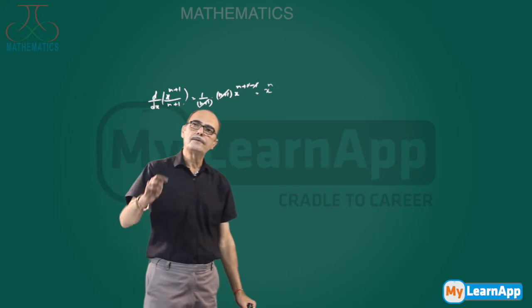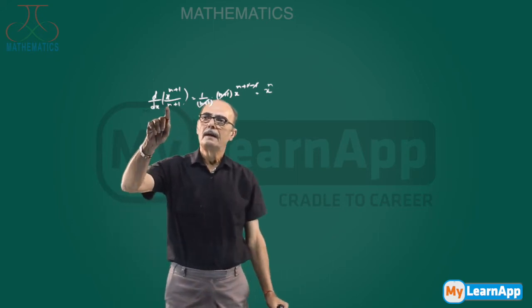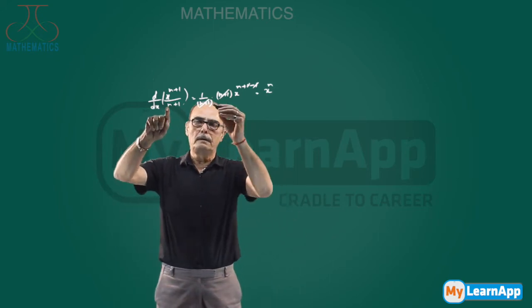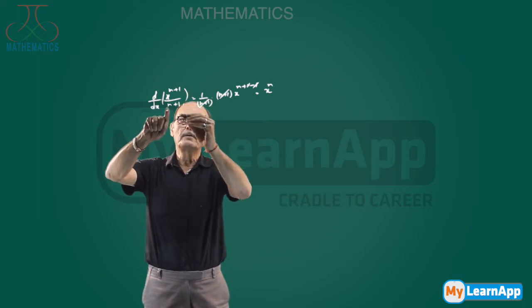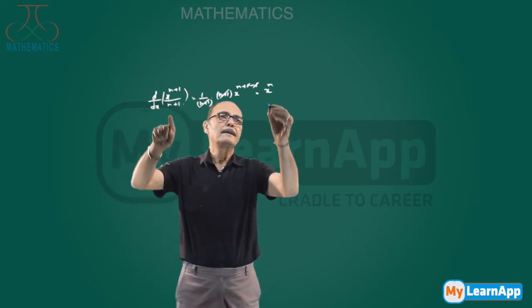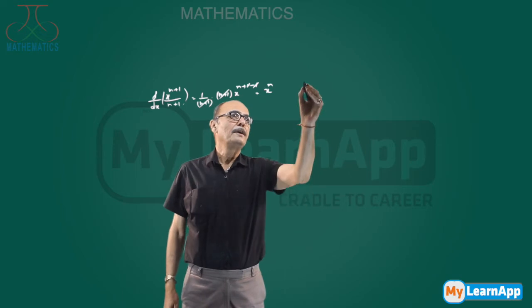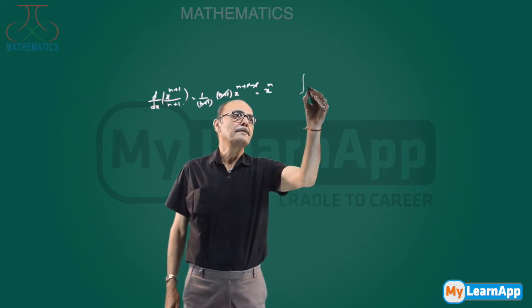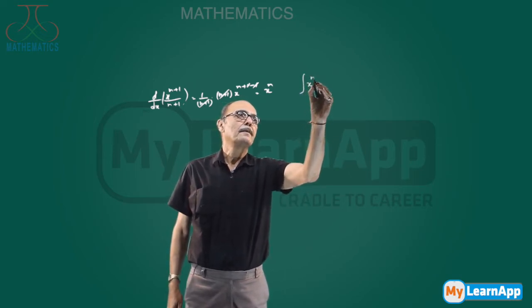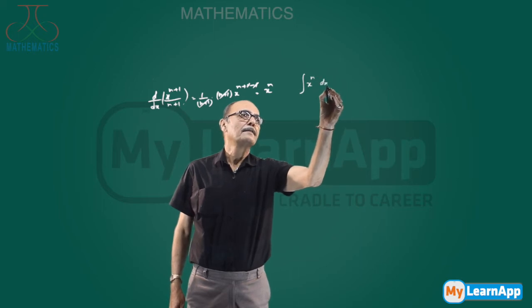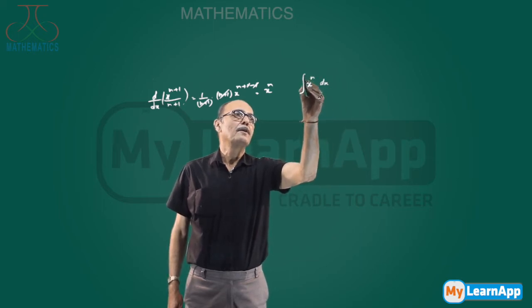That means if you differentiate this function x raised to power n plus 1 over n plus 1, we get x raised to power n. So, we can write down the antiderivative of x raised to power n dx. This is the symbol for integration, an elongated s.